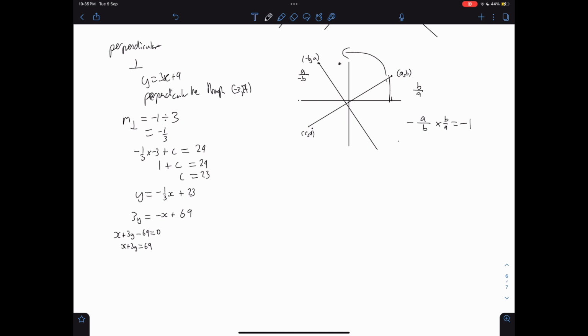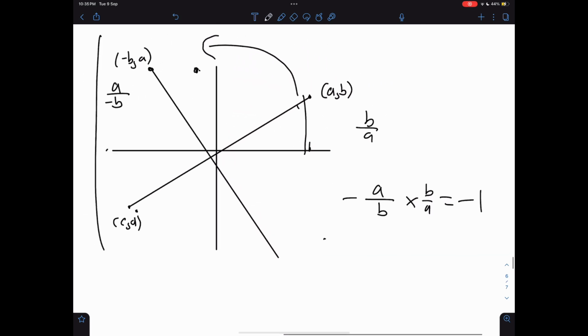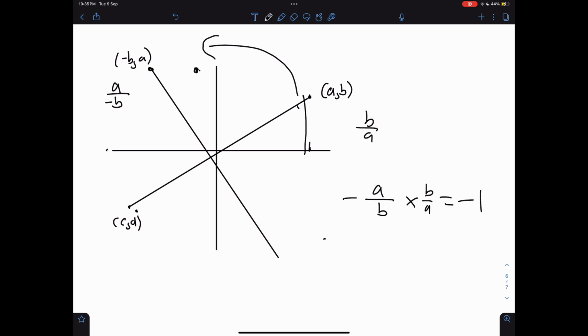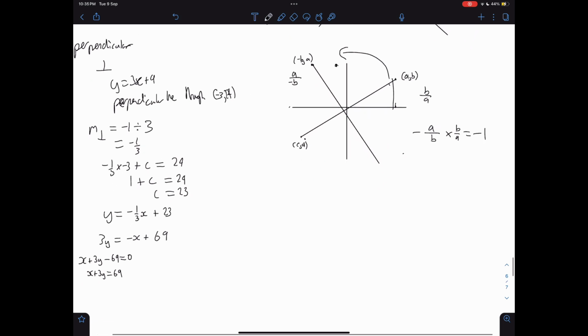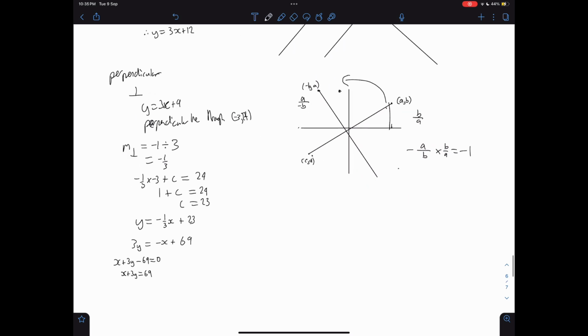So that is a basic perpendicular line question you could get. Feel free to look up on the internet a more stringent proof on this. But if you don't really want to do that, just remember this. Negative reciprocal. Reciprocal, you flip the fraction, negative, add a negative sign. Okay? Simple as that. You remember that, you'll be fine.